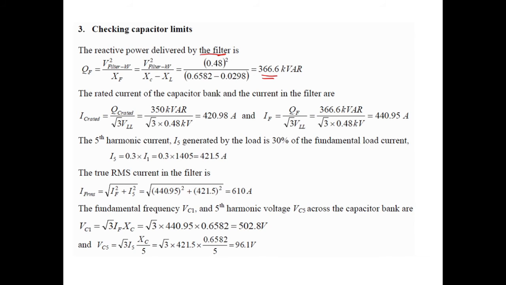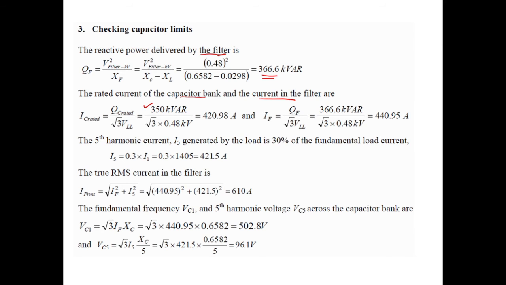fifth harmonic. Okay, so if we calculate the fundamental value for the current that flows through the capacitor bank and that flows through the filter, this is how we can calculate the current that is passed through the capacitor bank. So we know the size of the capacitor bank, which is already chosen to be 350 kilovar.